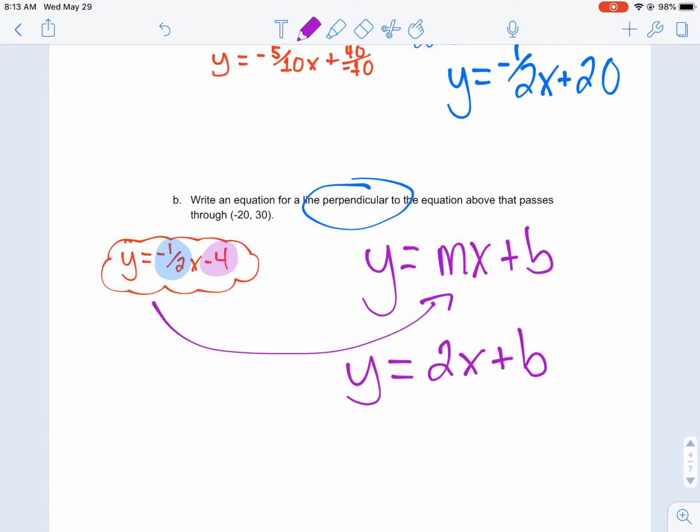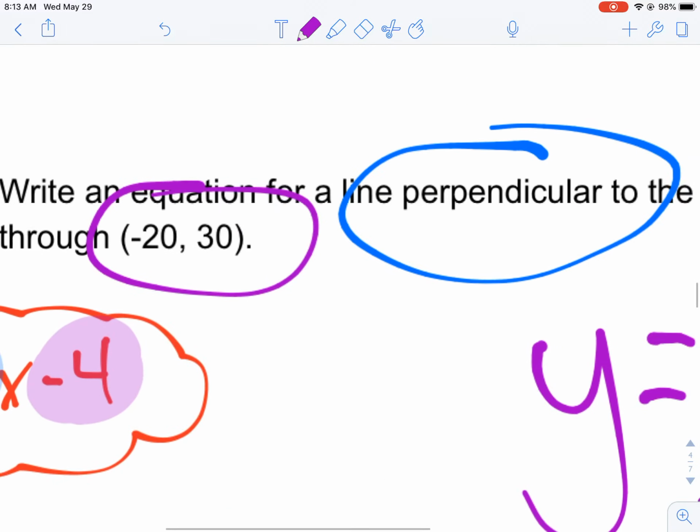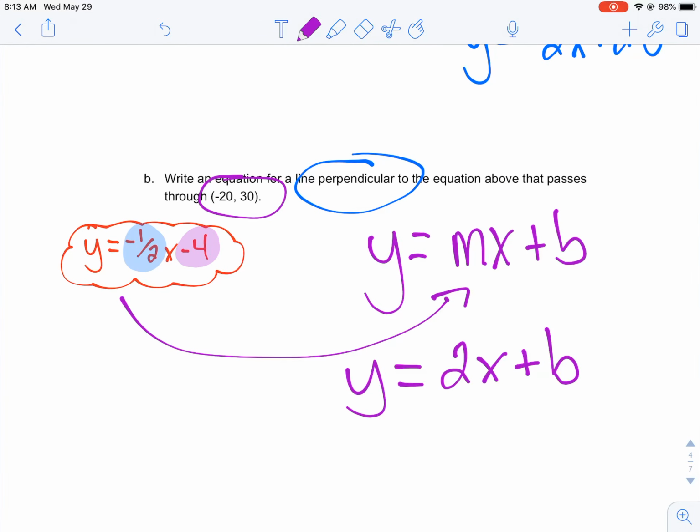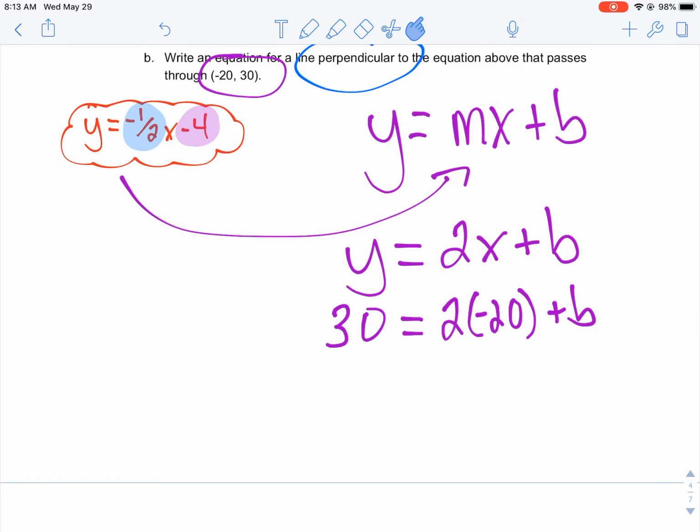Now I don't know my y-intercept. The 30 they give me here is not a y-intercept. It's just a coordinate. So I can't just plug in 30. What I can do is plug in 30 for my y and negative 20 for my x, and now solve for b. Negative 20 times 2 gives me negative 40 plus b. 30 equals negative 40 plus b.